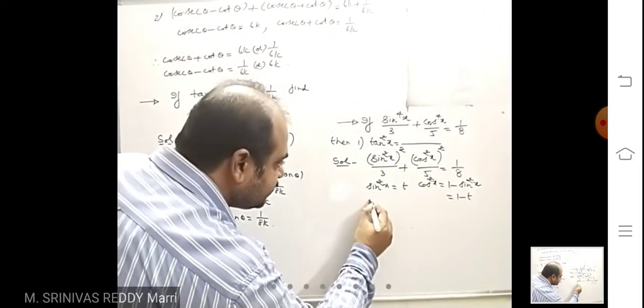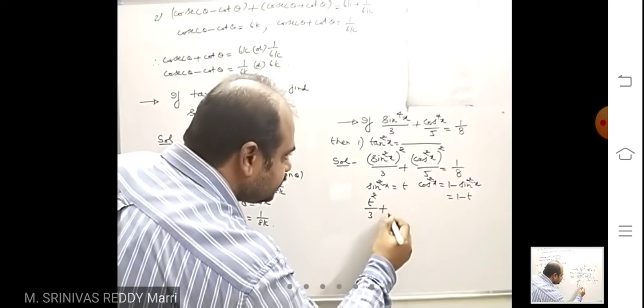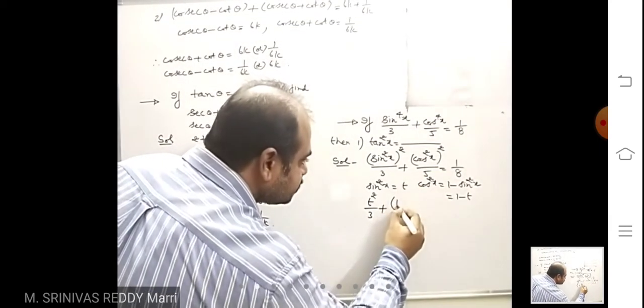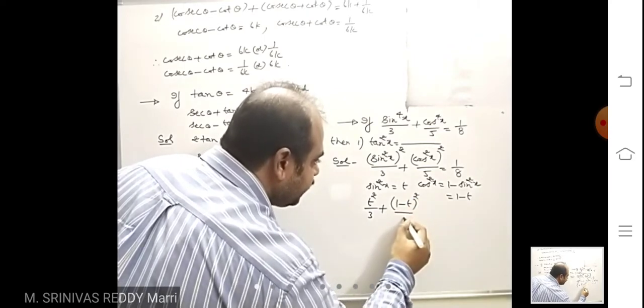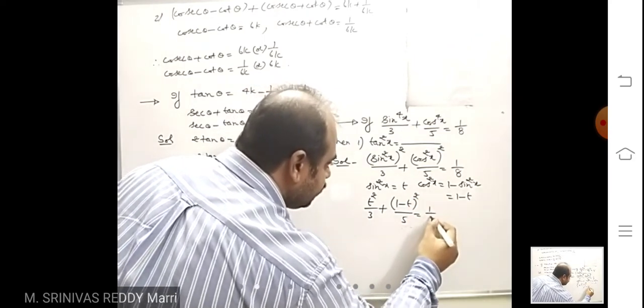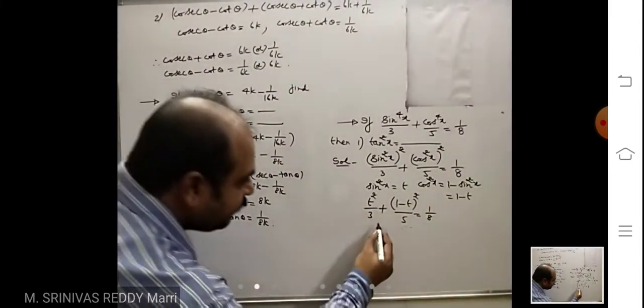Now look at this: t square divided by 3, plus cos square x, which is 1 minus t whole square divided by 5, equal to 1 by 8. Now I am taking the LCM.